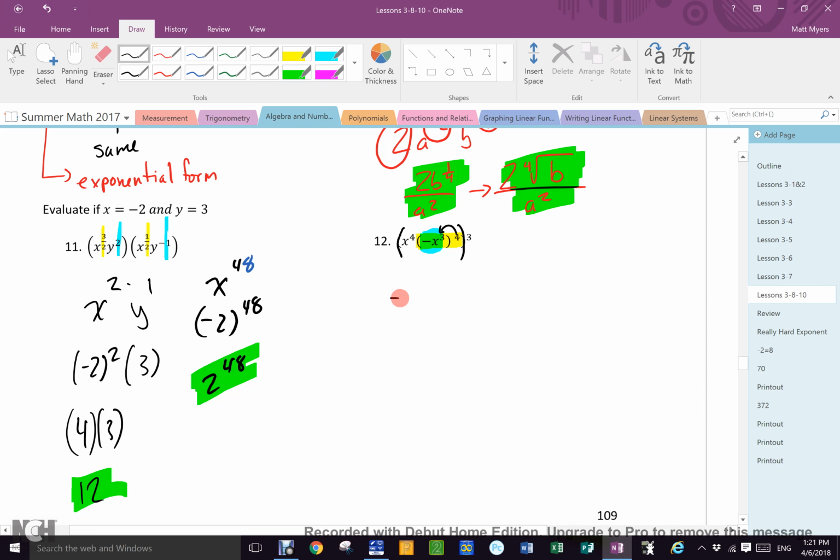Right. So that would be negative x to the third, right? How many times? 4 times. Agreed? Everyone agree? Okay. Now, what then do I do with all these exponents when I'm multiplying?